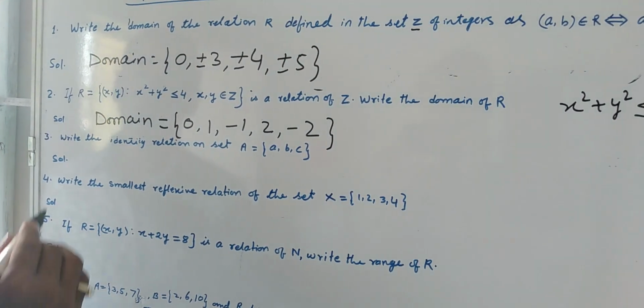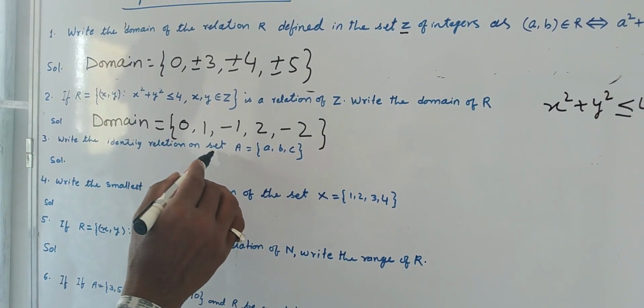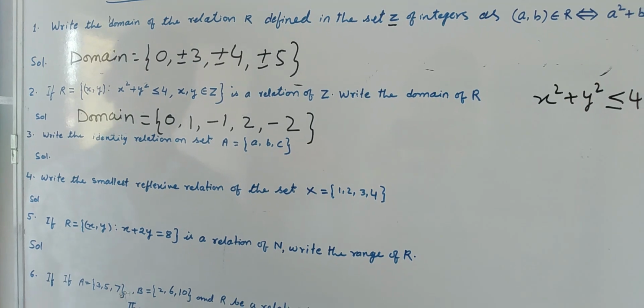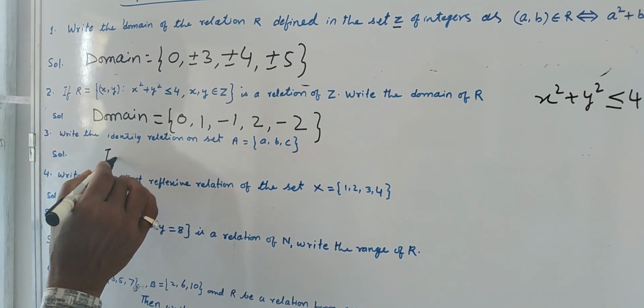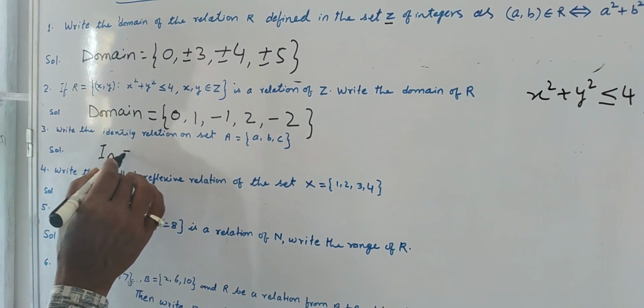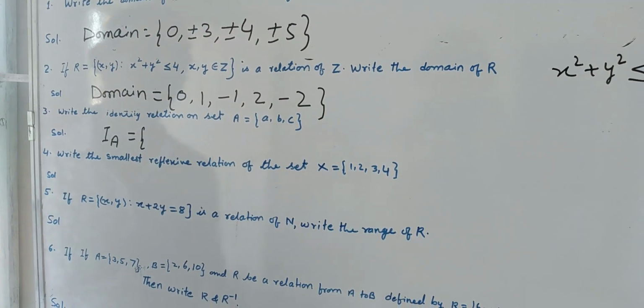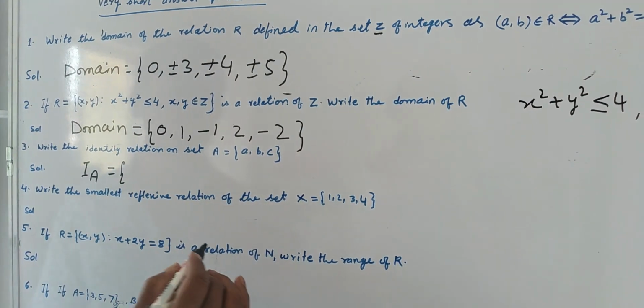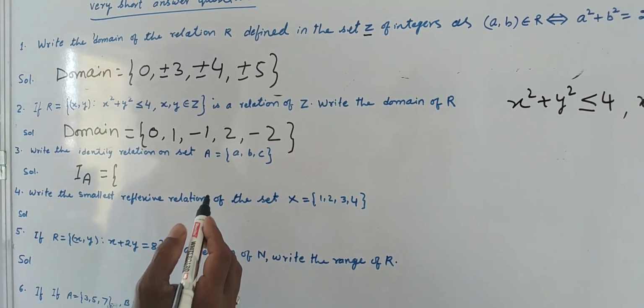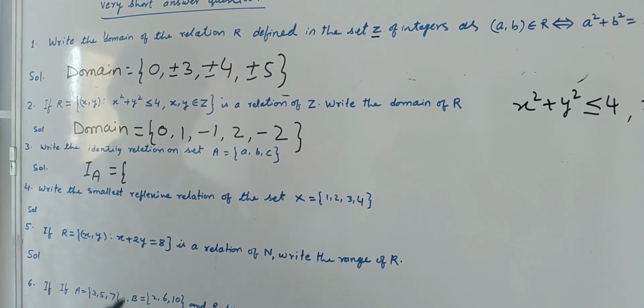Now third question: write the identity relation on set A. We know the identity relation on set A is denoted by I_A. So every element must be related to itself only.